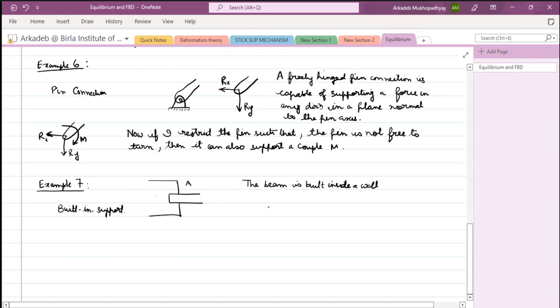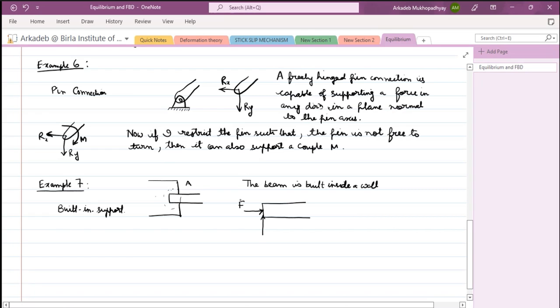In that case, at this end, what are the forces that will be acting? You will be having an axial force. Obviously, these directions will depend, say Rx, Ry, M. The direction of all these forces that I am showing will depend upon the equilibrium condition.